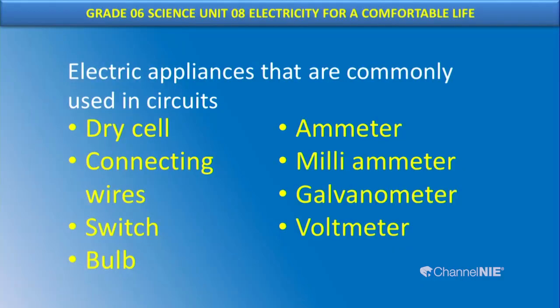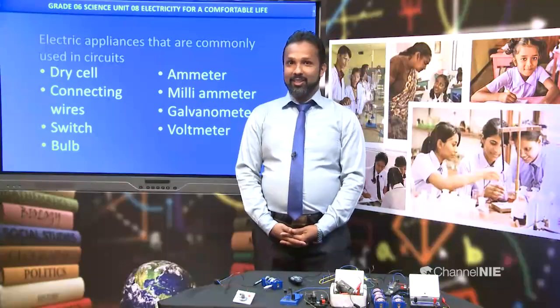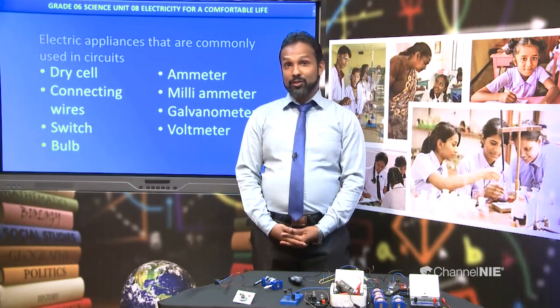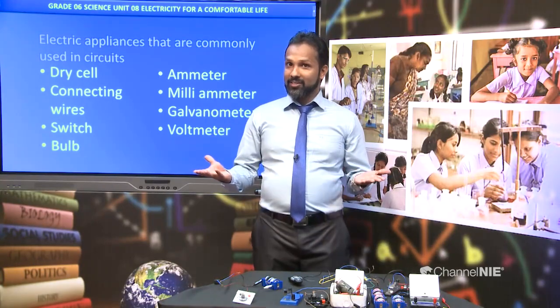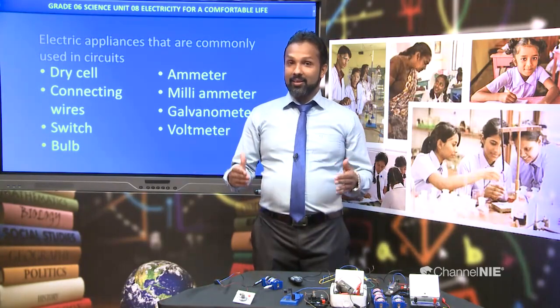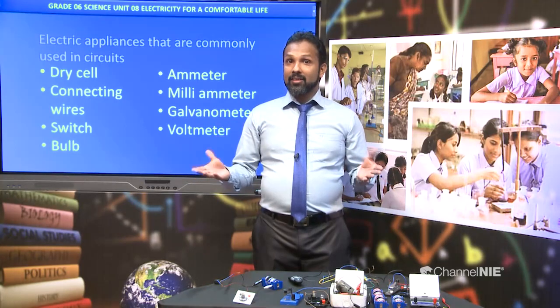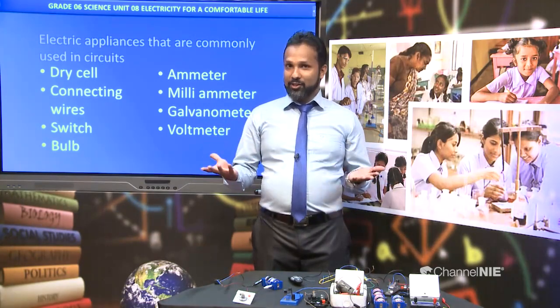Hello children, let's focus our attention on some of the electrical accessories that we use in our laboratory to prepare circuits. I think you can remember some of the accessories that we used in the previous circuit. In the previous circuit we used a dry cell, a connecting wire, a bulb and a switch.